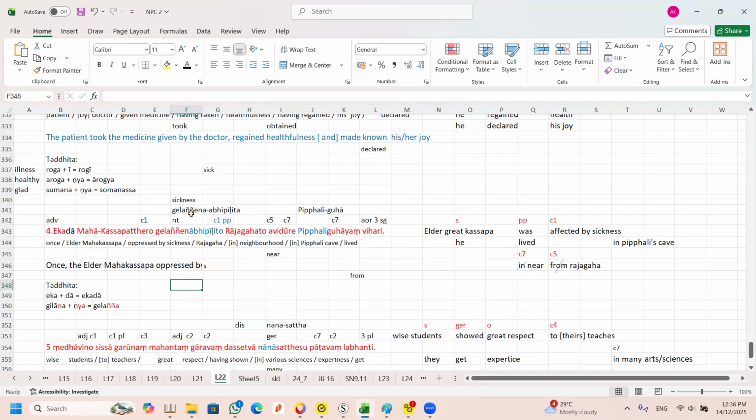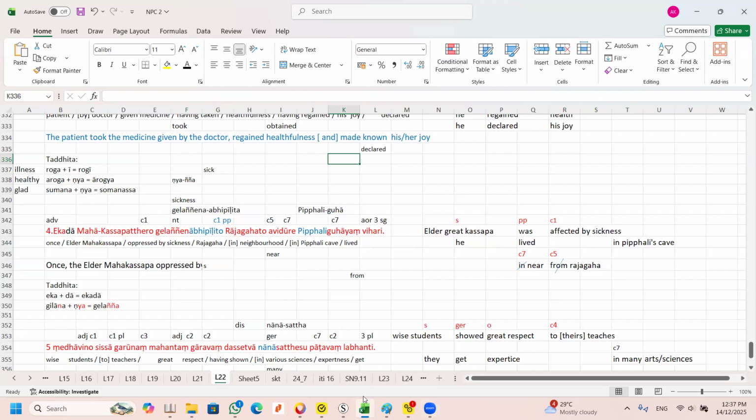Just now, this end dot plus ya, we become this. Gilana, Gilana is sickness. Gilana, that means strengthen, become Gilanena, Abhi palito.